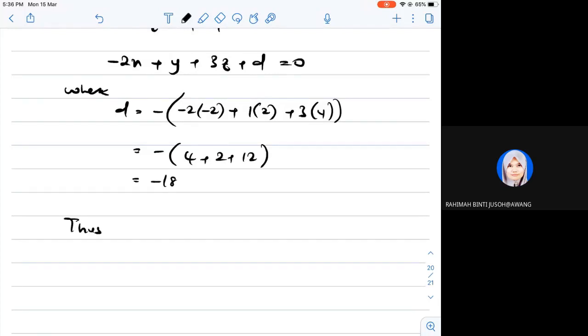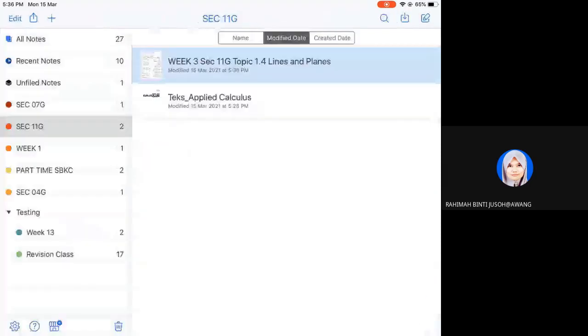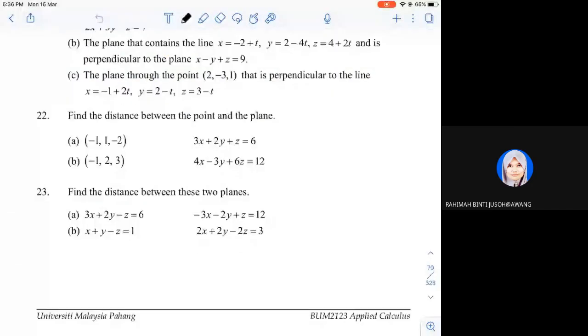this negative 2x plus y plus 3z minus 18 equals to 0 like this. Betul tak jawapan dia? Question 21B.